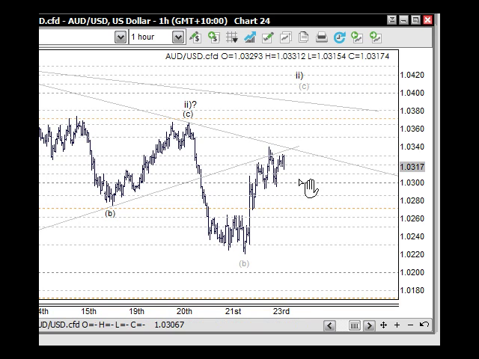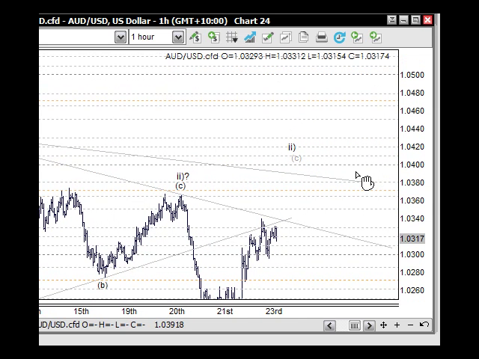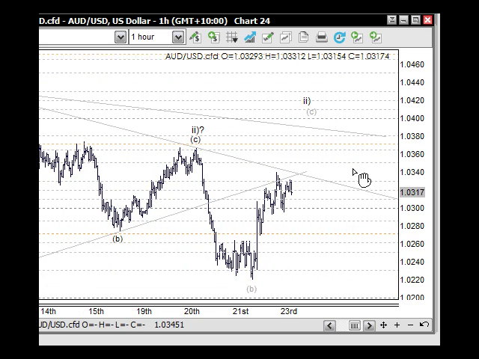So 1, 2, 3, 4, and 5 up, because when we look at the bigger picture, the 104 is the 50% retracement level for wave 2, and the 61.8 retracement level is somewhere up around the 140.50 area up here. So anywhere up here is plausible.